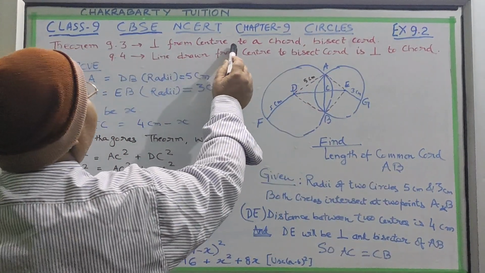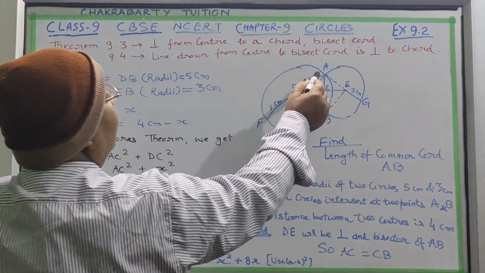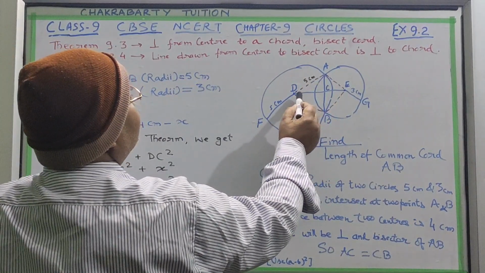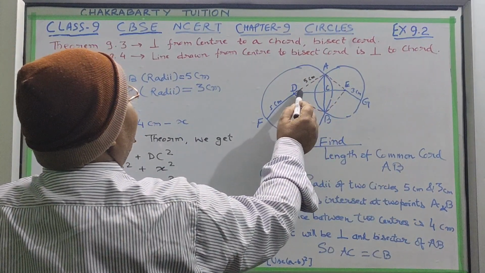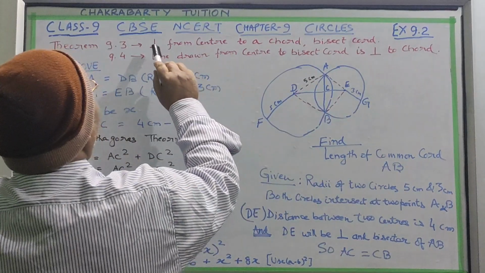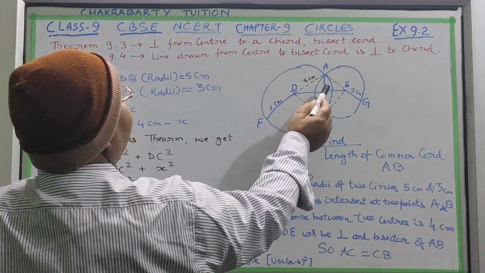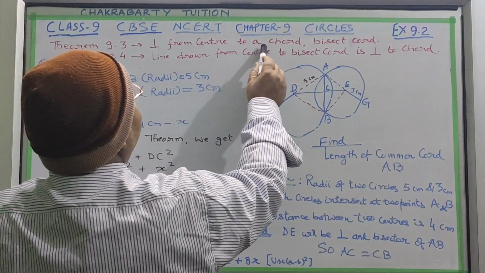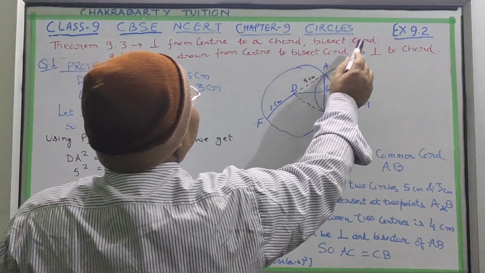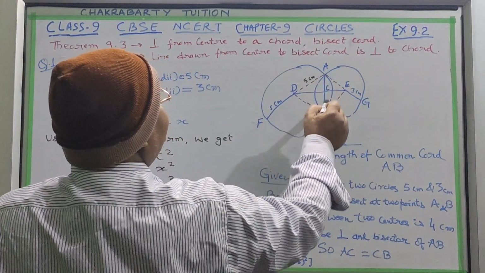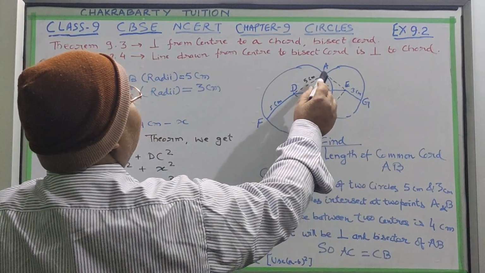So a perpendicular from the center to a chord, where AB is the chord and DC is the perpendicular, meaning a 90-degree angle is created here. A perpendicular from the center to a chord bisects the chord. Bisect means AB will be divided into two equal parts.